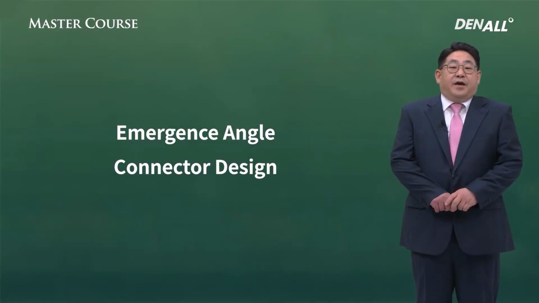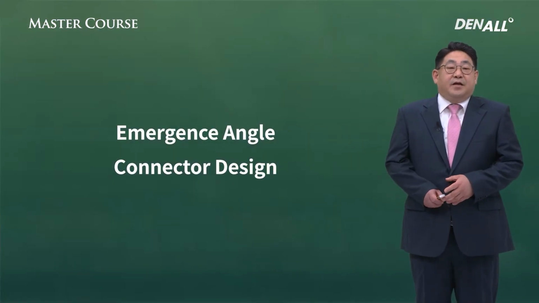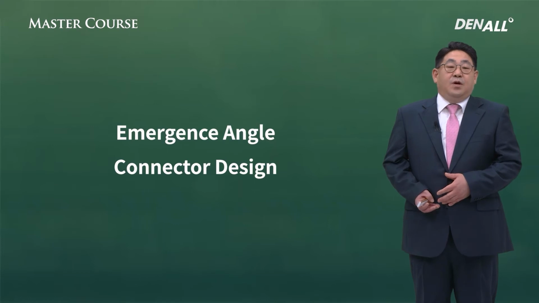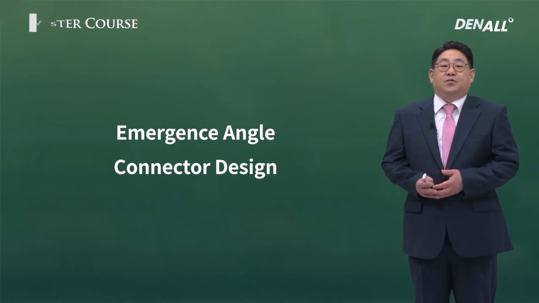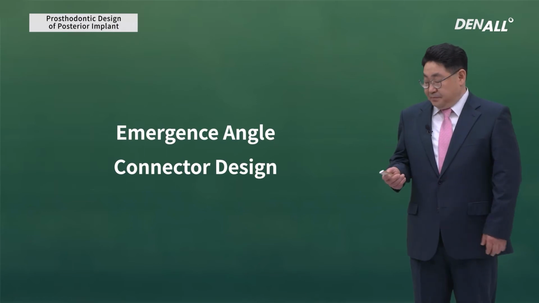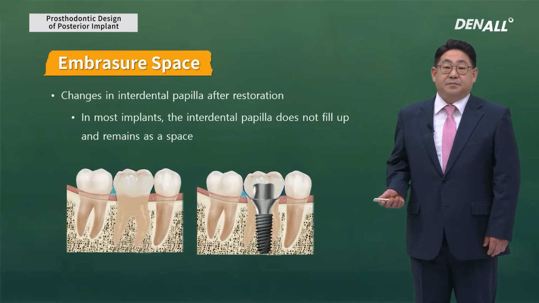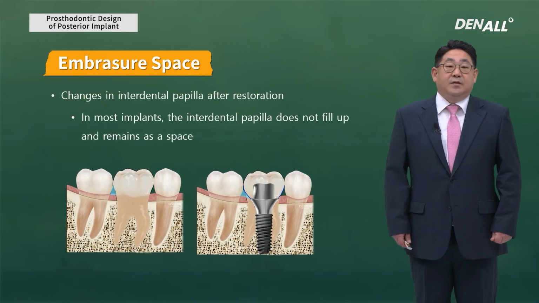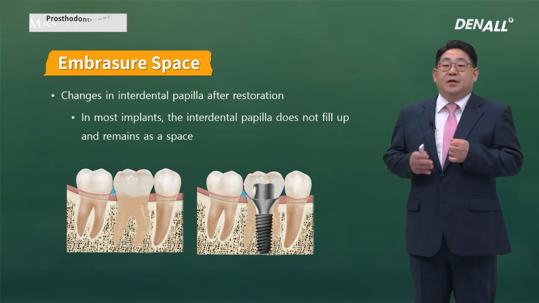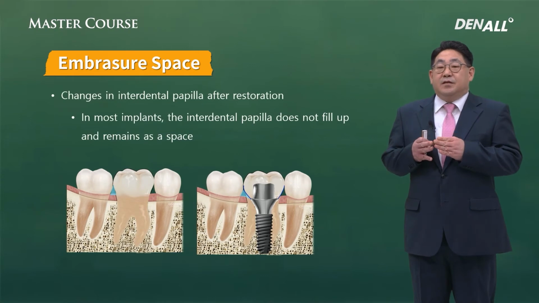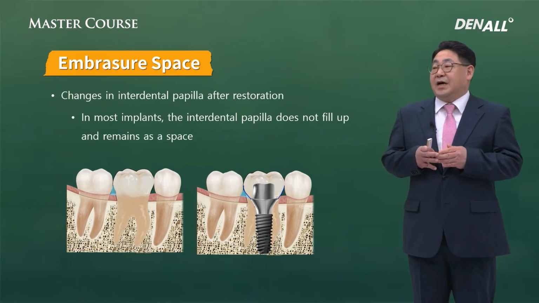Now let's move on to emergence angle and connector design. Let's look at what kind of connector design there are. Embrasure form in natural tooth should be in symmetrical isosceles triangle shape.